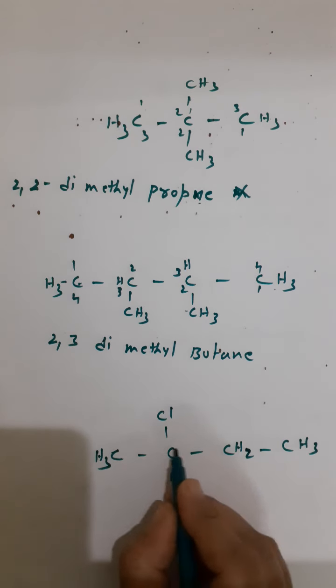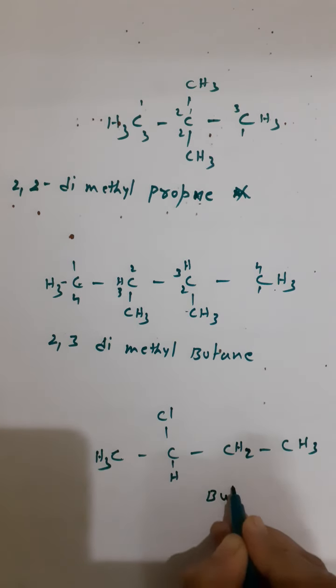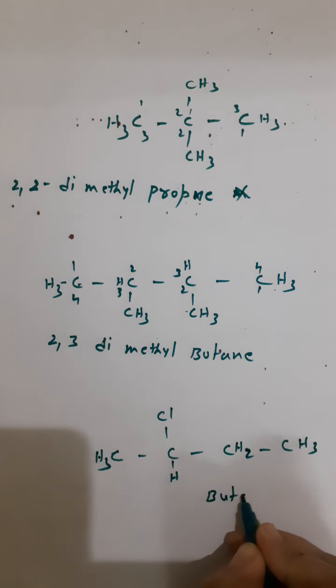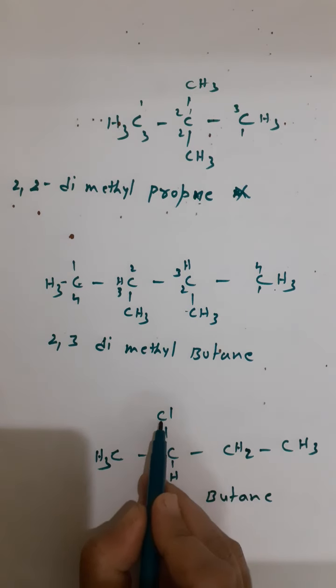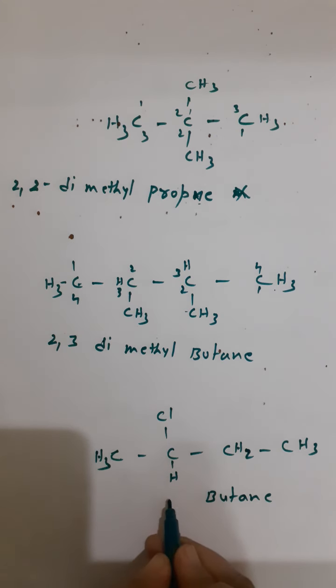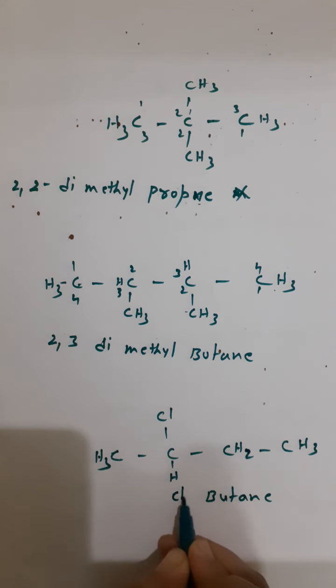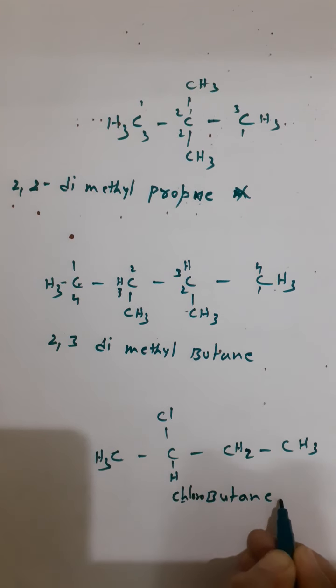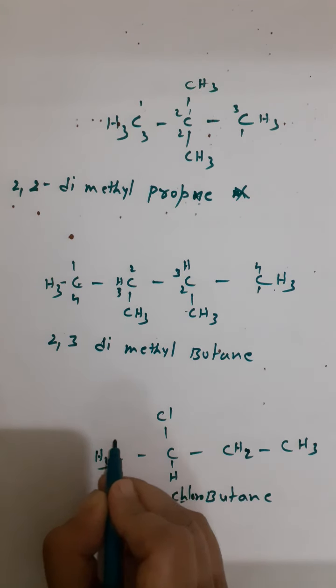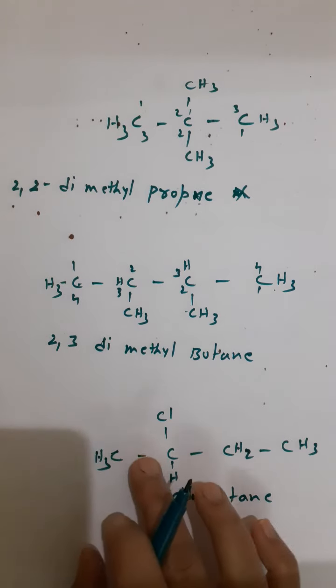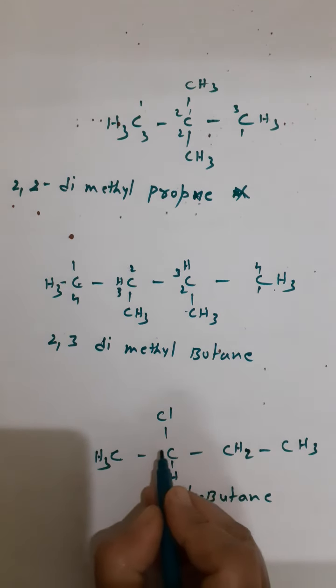First the parent, 1, 2, 3, 4, so therefore but, and all single bonds, ane, butane. So what is being attached? A halogen group is attached, and what is that halogen group? Chlorine. Chlorine is also a substituent, so it should be written as a prefix. So chloro, so chlorobutane. And where is the position? Again I will prefer to give the name from my left side because it gets the least number.